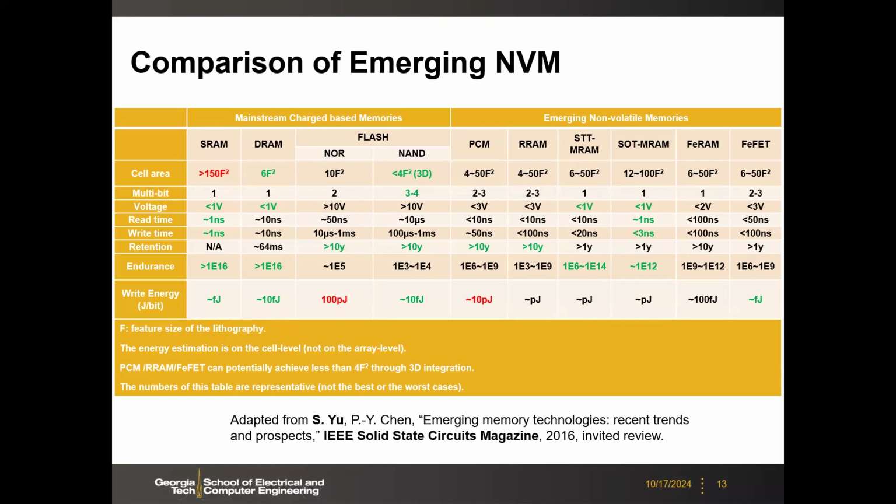So if you use the same technology node, then of course, emerging memories are generally better than SRAM, but still they are not at the DRAM or the flash density. Okay, so it's very difficult. There are some opportunities, but it's very difficult to directly compete with the DRAM and flash in terms of the density, or in other words, cost per bit.